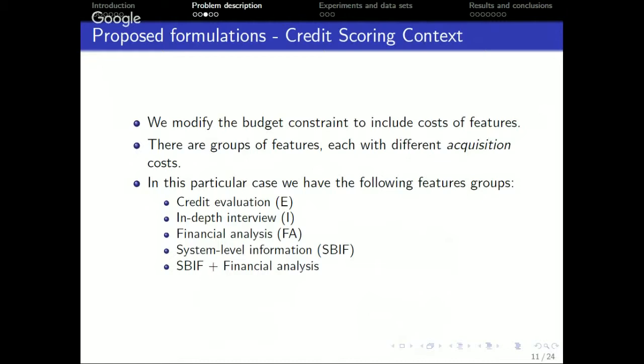And in this context, the first step is to make a credit evaluation. It's pretty easy. You receive the application from the customer, and you have some very basic information.